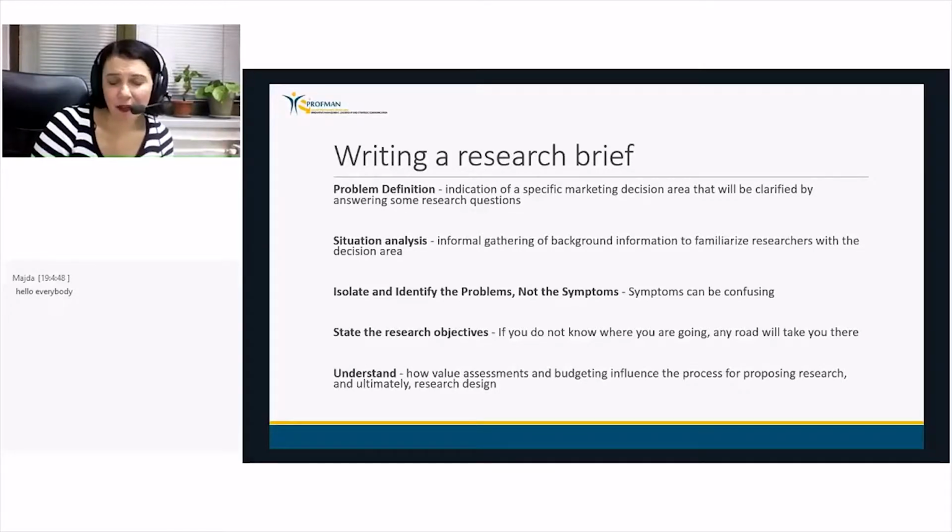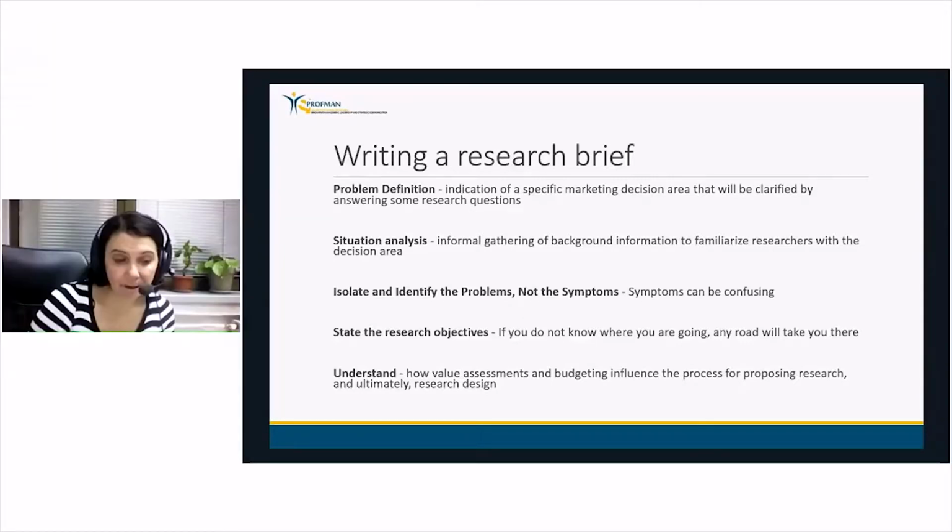The third step is to isolate and identify the problems, but not the symptoms. If we have a situation with a drastic drop in customer satisfaction with some kind of service, the main thing is not the drop, but the reasons they state for giving a significantly lower satisfaction score.